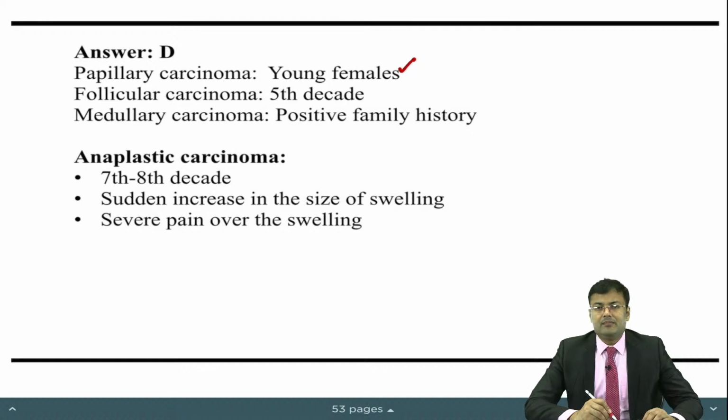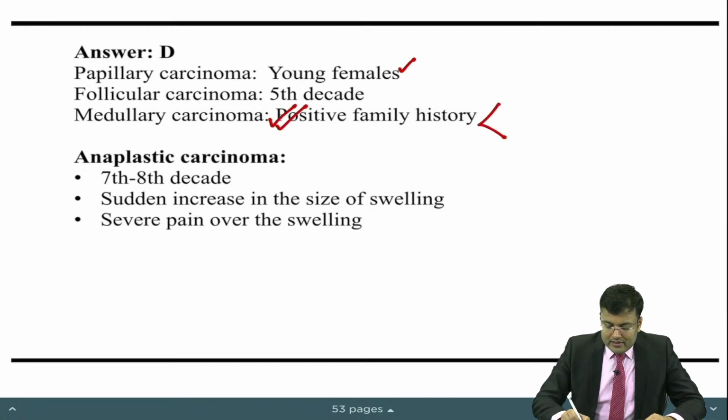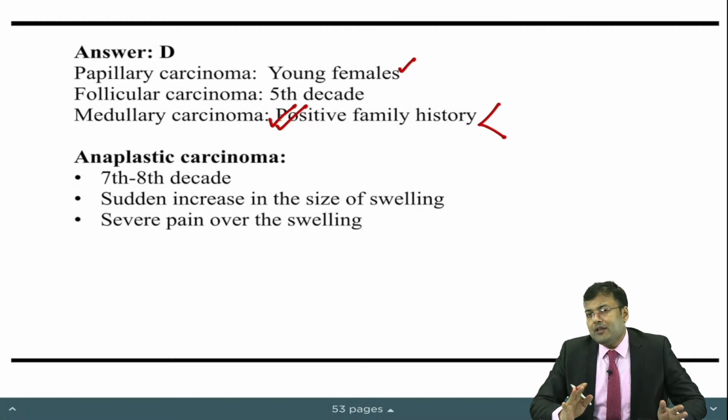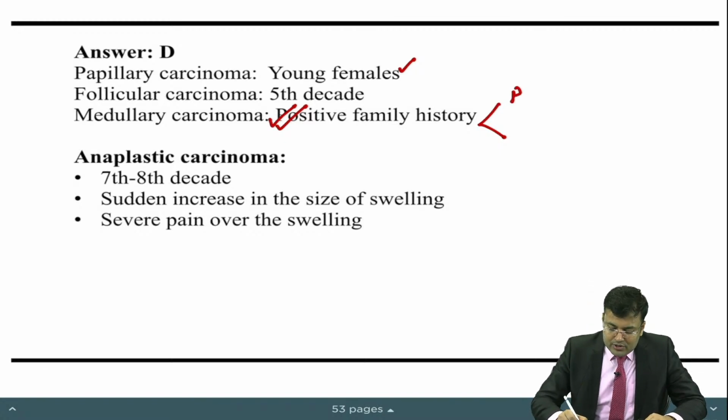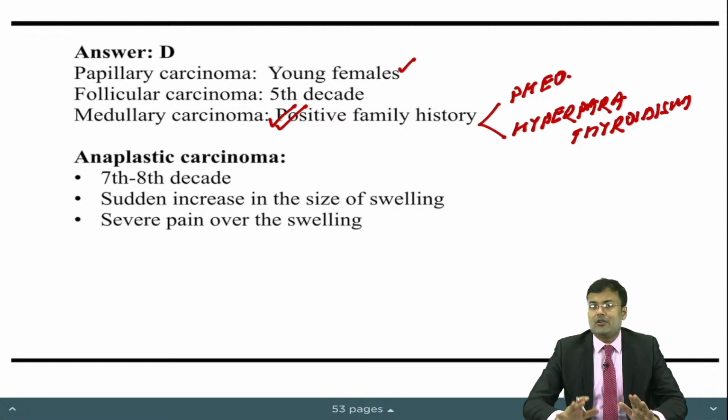Young females, papillary carcinoma; age 50 to 60, follicular. In medullary carcinoma, there is positive family history of what? Since it is associated with MEN 2A, 2B, there is positive family history of pheochromocytoma or hyperparathyroidism.